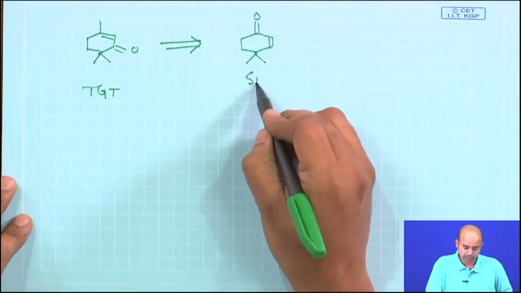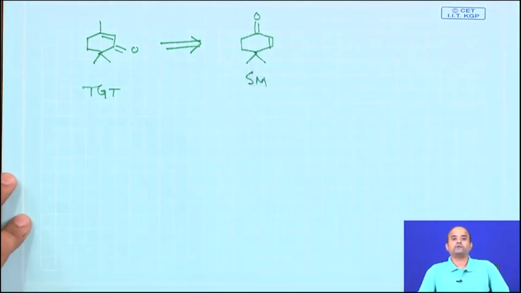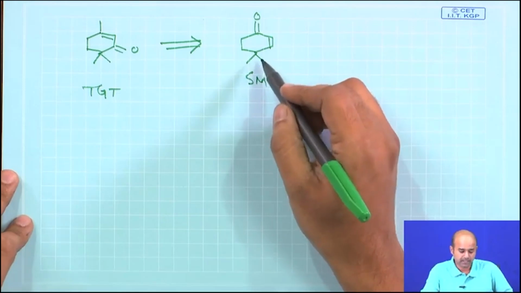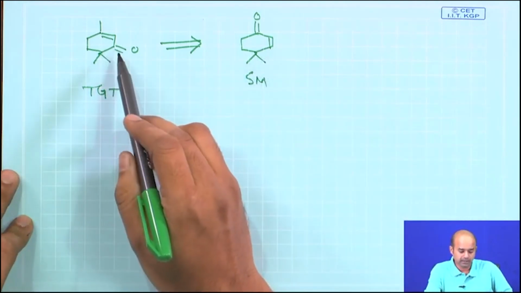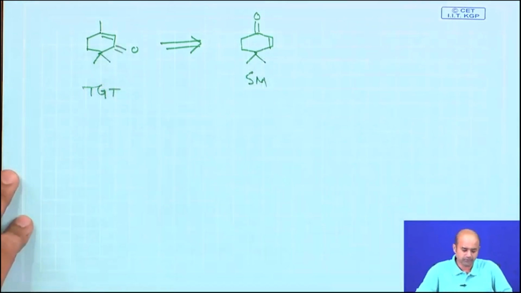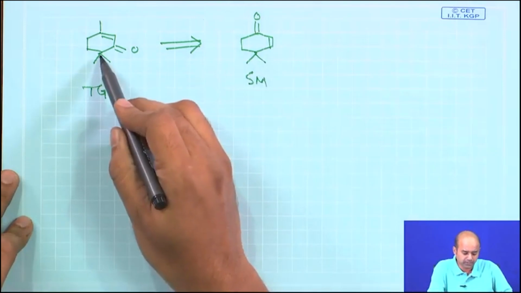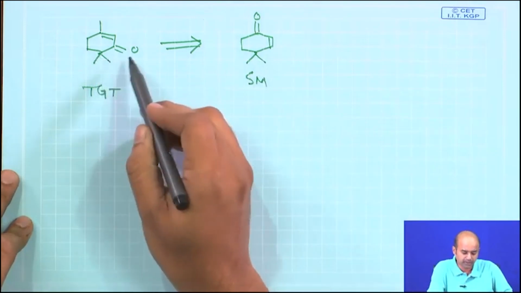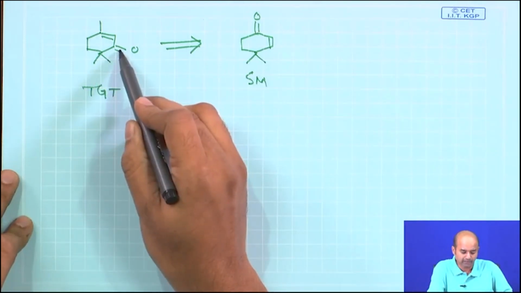Now, you see the starting material is a cyclohexanone derivative, okay, and in the final product you have almost a similar kind of structural network. Both these gem dimethyl groups are here, but the ketone group has changed its relative position.